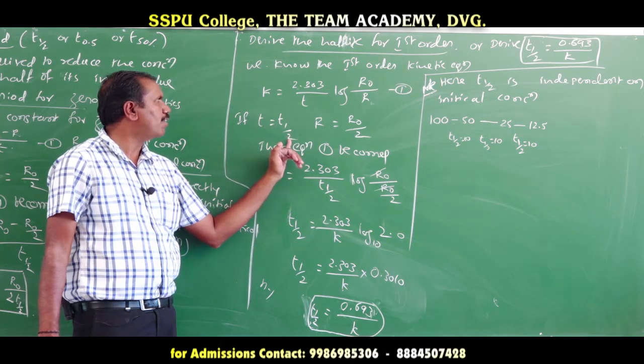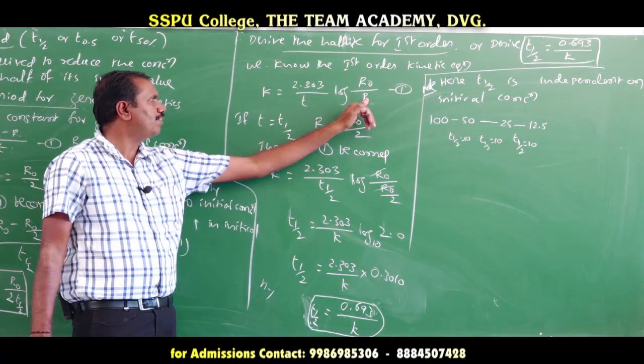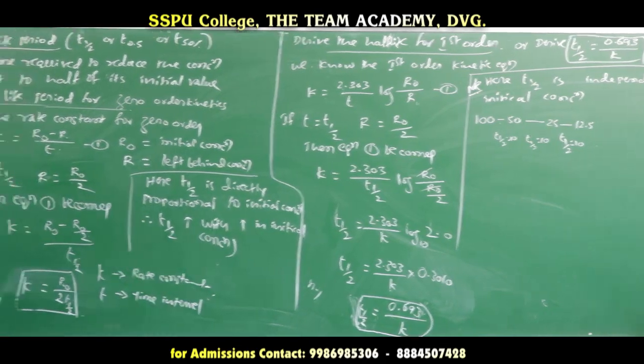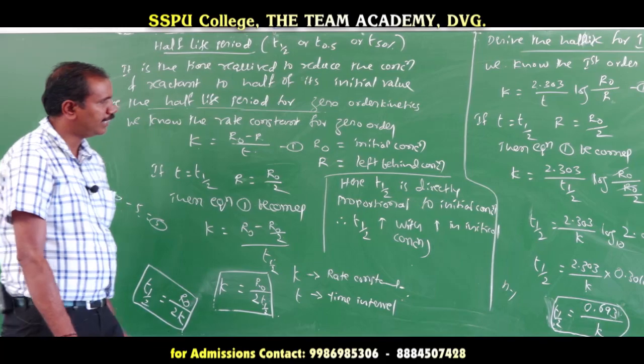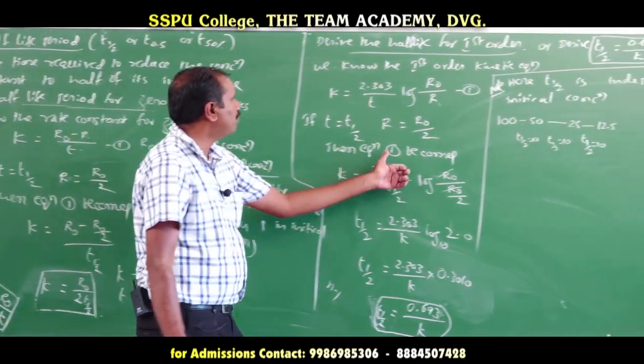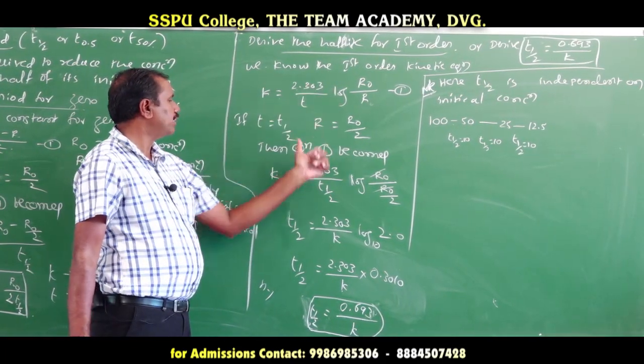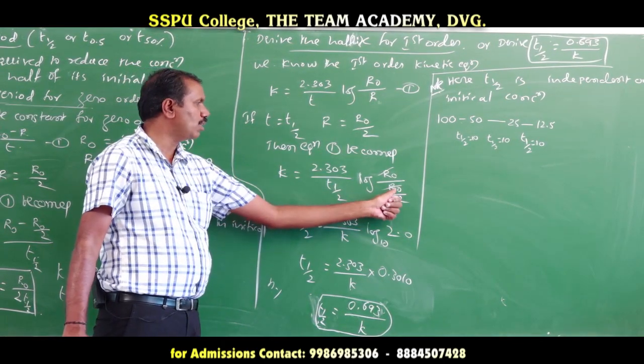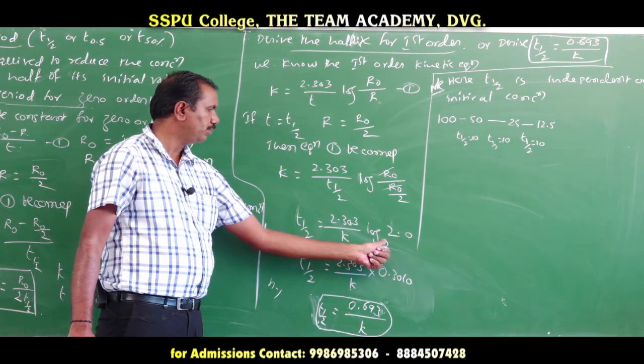If t is t half, then the value of R becomes half of its value. The left behind concentration is half of its initial value, that is R naught by 2. Then equation 1 becomes k equals 2.303 by t half, log of R naught divided by R, which is R naught by 2.